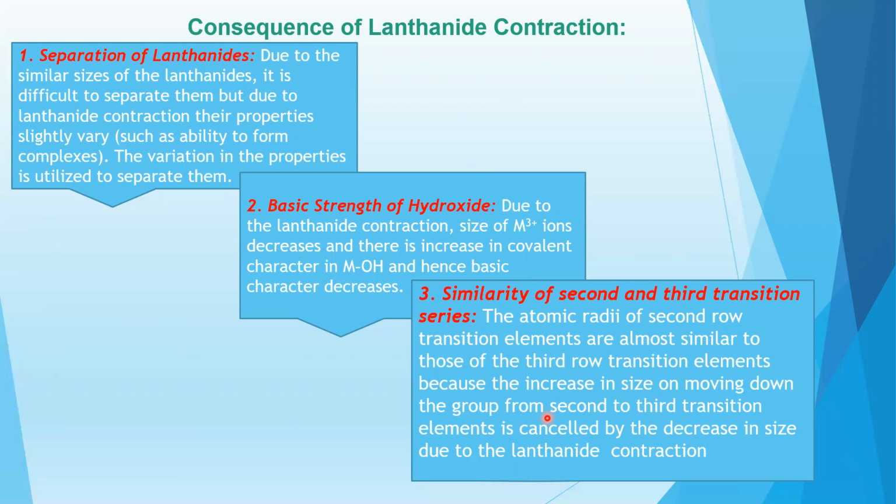The atomic radii of second row transition elements are almost similar to those of the third row because the increase in size on moving down the group from second to third is cancelled by the decrease in size due to the lanthanide contraction.